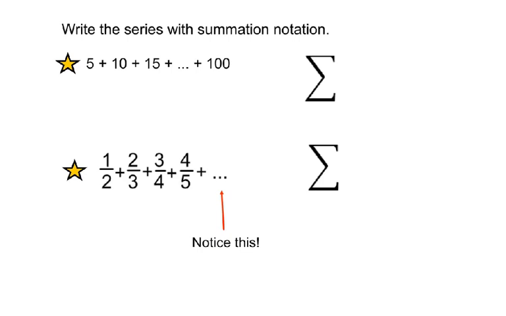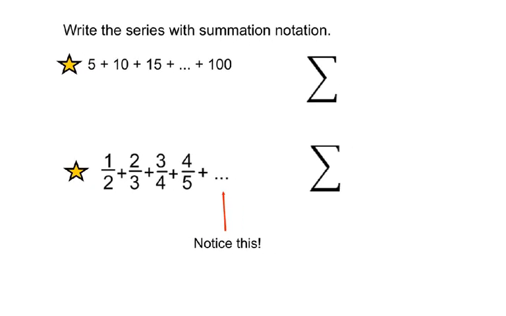So first off, for this first series, 5 plus 10 plus 15, it appears that we are going up by 5s each time, and they actually seem to match up with the position. So our first position is like 1 times 5, this one is like 2 times 5, 3 times 5. So it appears that our a sub n equation would be 5n, right? So that would give us any term.